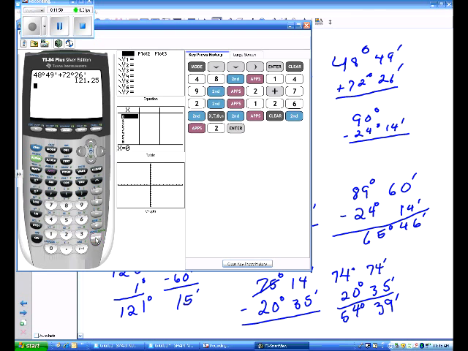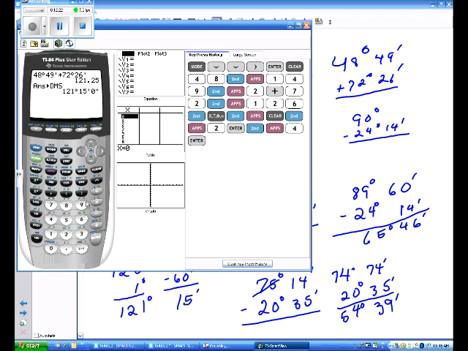And then we press enter. Now notice our calculator puts it in decimal degrees. But normally if you're working with degrees and minutes, you want your answer in degrees and minutes. So to change it, we go to second, angle. If you'll notice, number 4 has an arrow, degrees, minutes, and seconds. So this is saying we're changing this to degrees, minutes, and seconds. We'll press 4, then we have to press enter, and it changes it back to degrees, minutes, and seconds.